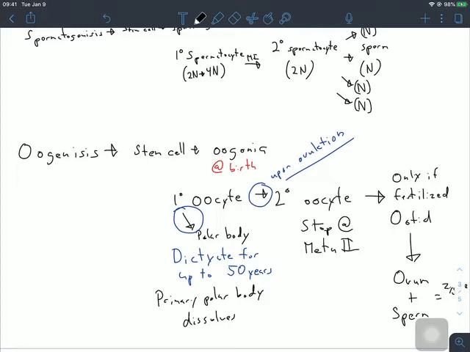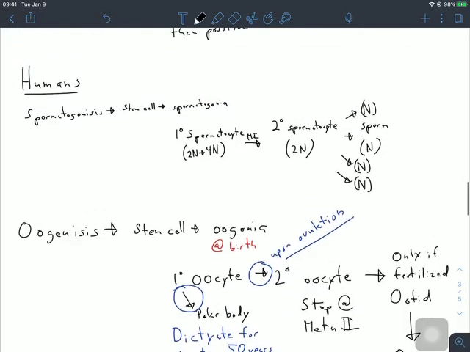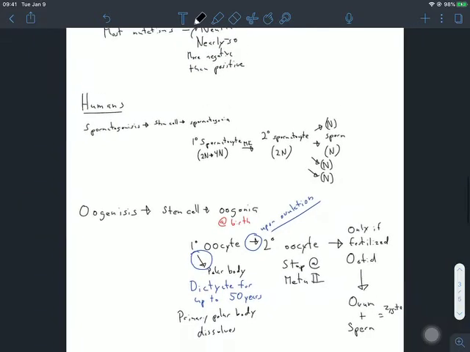Then you only complete as many meioses as you have fertilization events in your life as a female. Think about how that differs in comparison of how many meioses sperm complete. How many meioses will a male complete? It's a very big number.